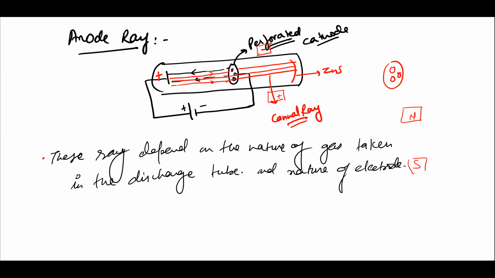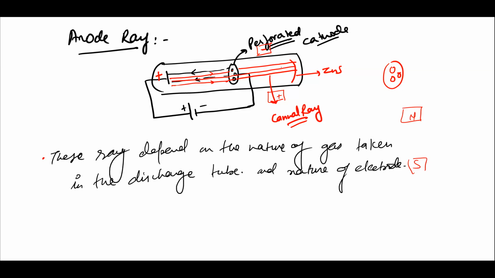Now moving to the next part. If it is asked what the difference is between anode rays and cathode rays, all the properties are almost the same. Cathode rays are deflected in the magnetic field, and these are also deflected in the magnetic field.